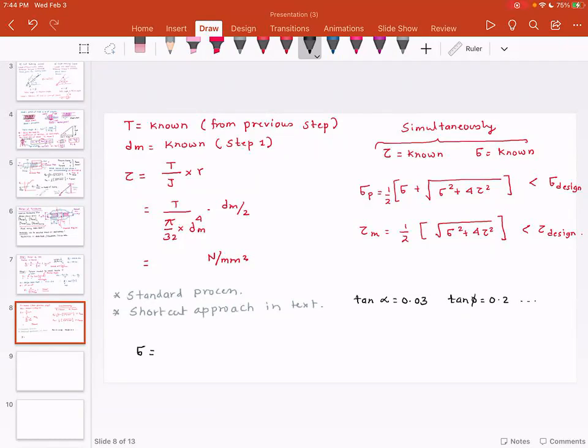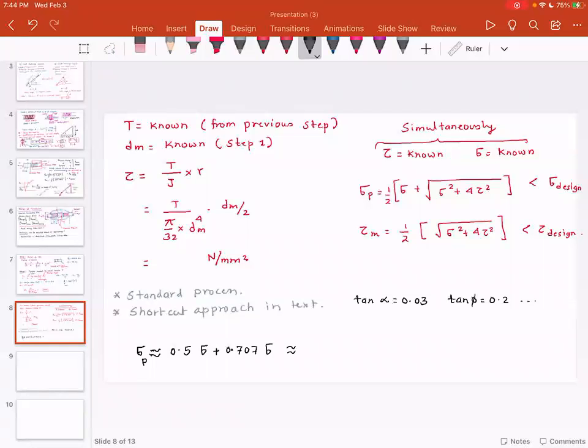And this equation for sigma p, the principal stress, is approximately 0.5 times sigma plus 0.707 times sigma.